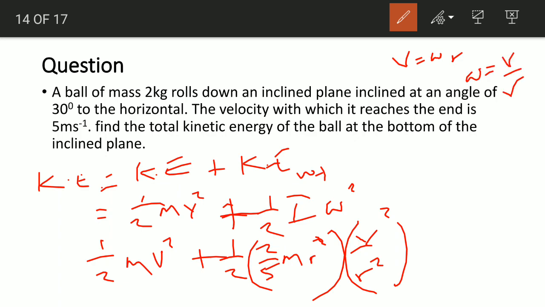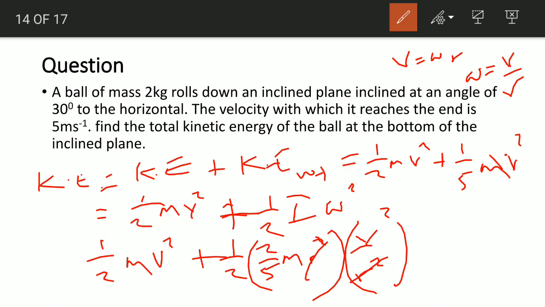So in place of omega, we have v over r, which makes it v squared over r squared. You see that r squared here can cancel r squared here, and we will be left with half mv squared, plus here 1 over 5 times 2 over 5 is 1 over 5... we have mv squared.